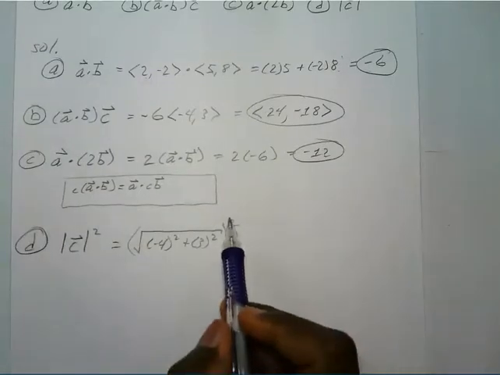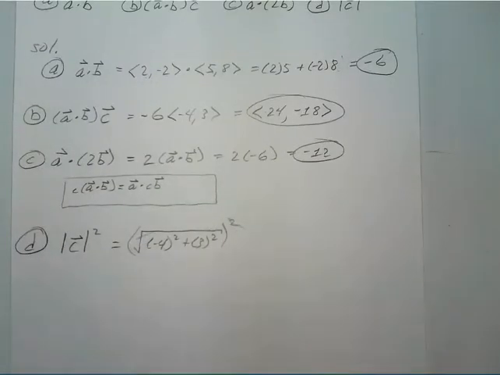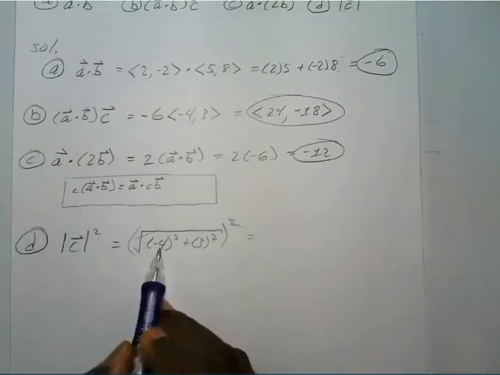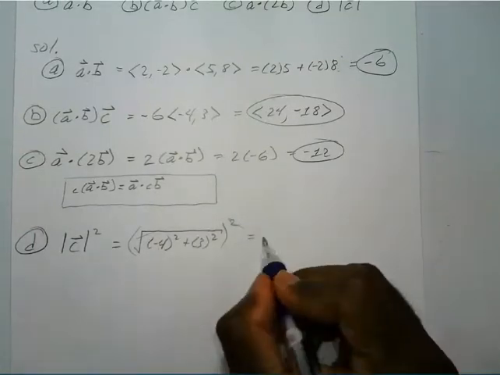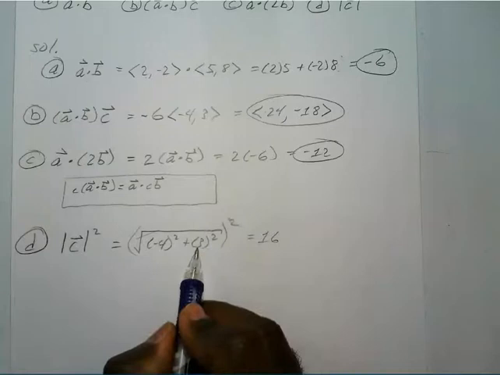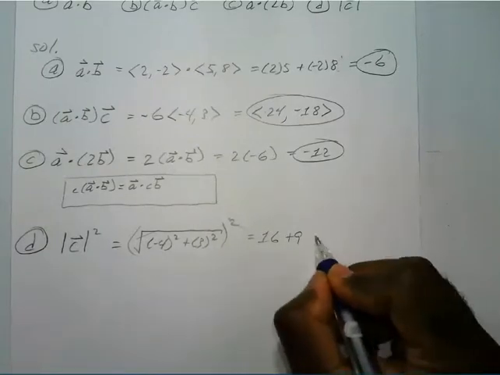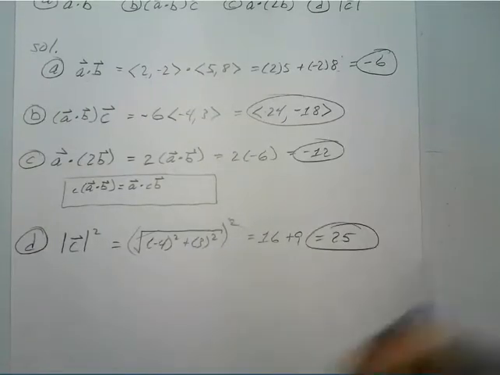Since the exponent and square root cancel each other out, we have -4 squared, which is 16, plus 3 squared, which is 9. So we end up with 25.